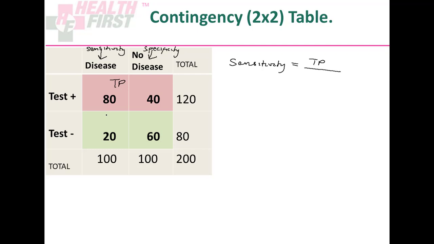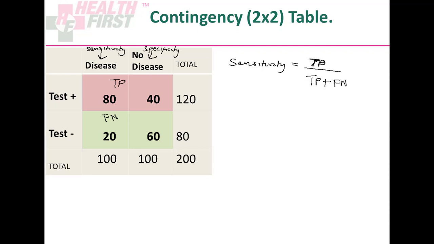here, and the others are false negatives. They are false negatives because they have disease, but the test says they are negative, right? So in order to get this probability of correctly identifying diseased individuals, we have true positives divided by the total number of diseased individuals, which will be true positives plus false negatives, right?